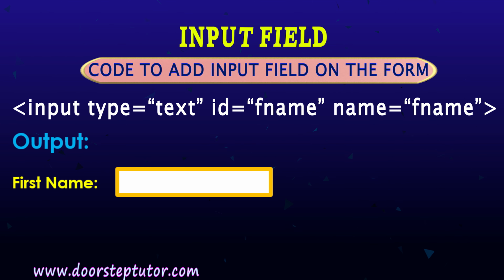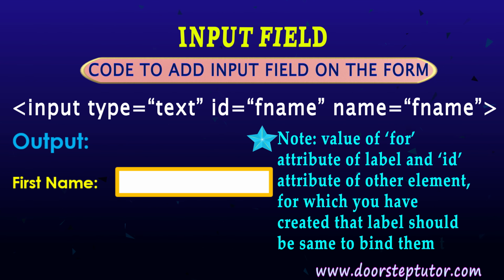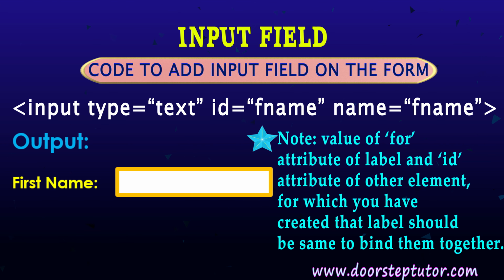Along with this we have given the ID name must be same as that of the label name. It means that this particular text box is working in combination with that label. Then we are giving the name of the text box. So this is the simple coding for label and input field.